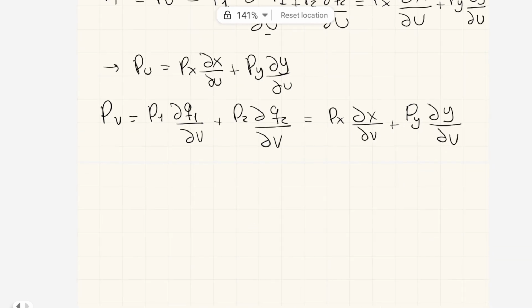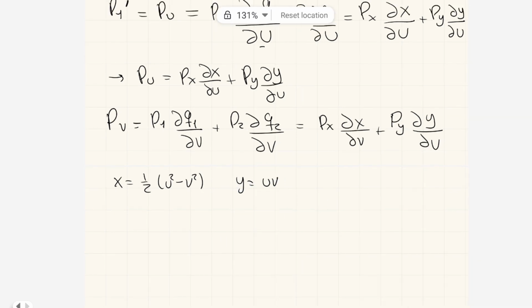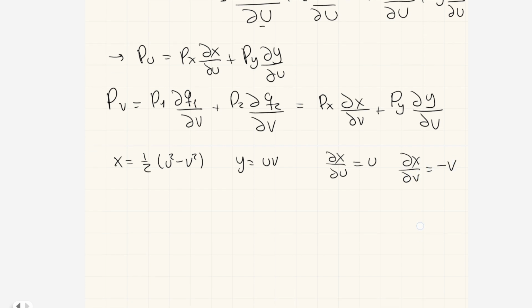And remember that we have a transformation for x, which is 1/2 u squared minus v squared, y equals u times v. So the derivative of x with respect to u is just u. The derivative of x with respect to v is equal to minus v. The derivative of y with respect to u is equal to v, and the derivative of y with respect to v is equal to u.